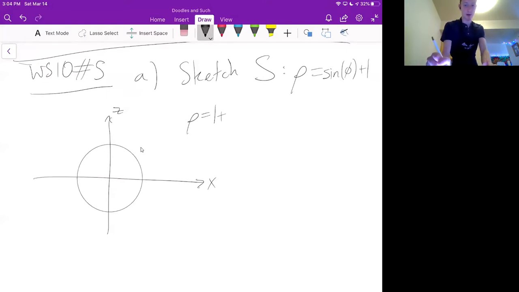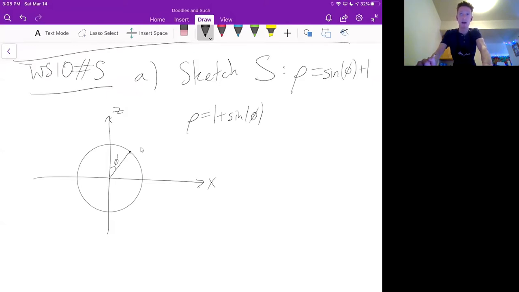If I have this new equation, rho equals 1 plus sine phi, then what I'm describing is a surface where the distance from the points to the origin depends on phi. So in this picture, if I'm at a point here, phi is this angle, right? And I need to adjust how far out my point is from the origin by sine of phi.